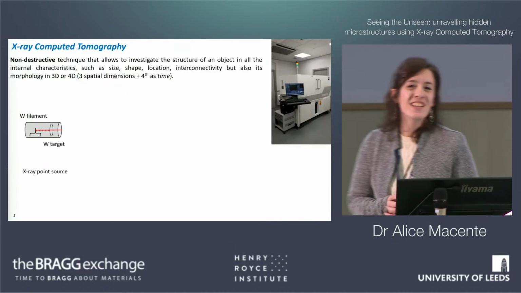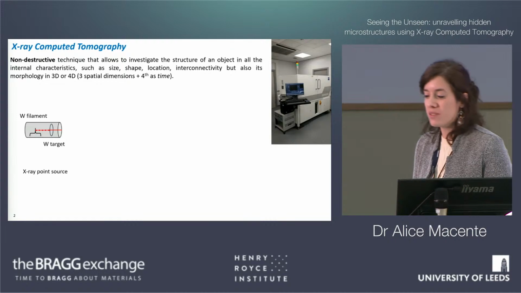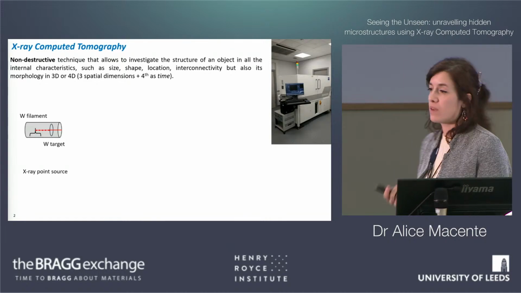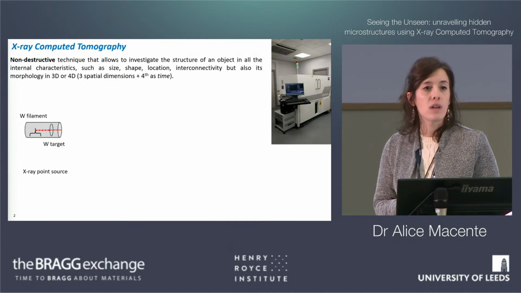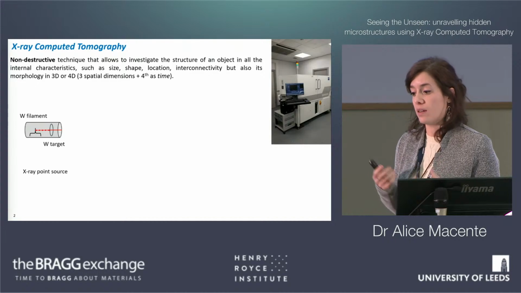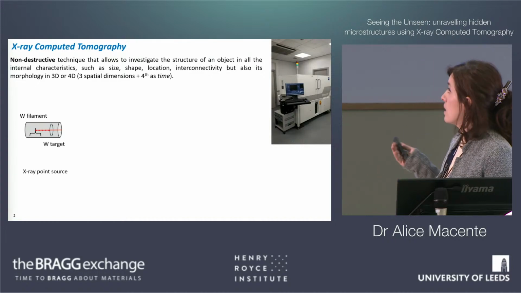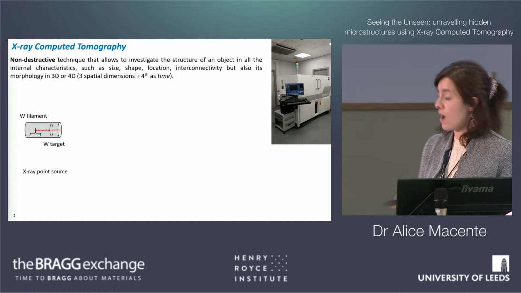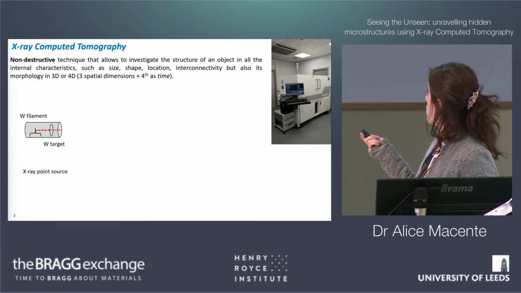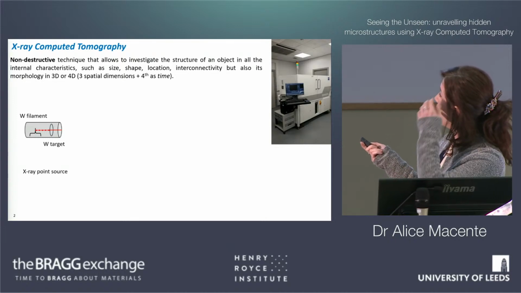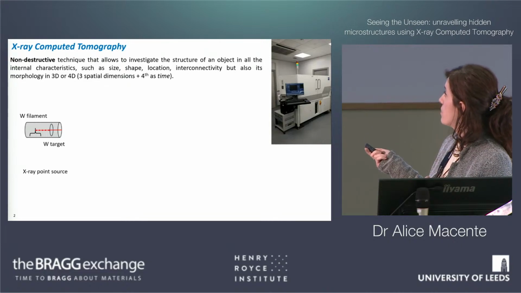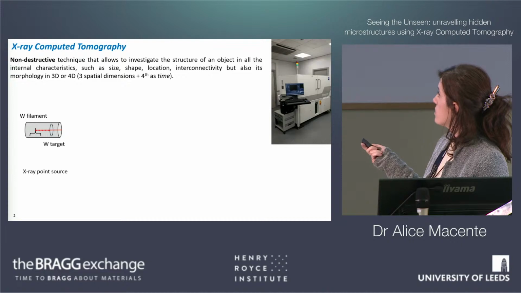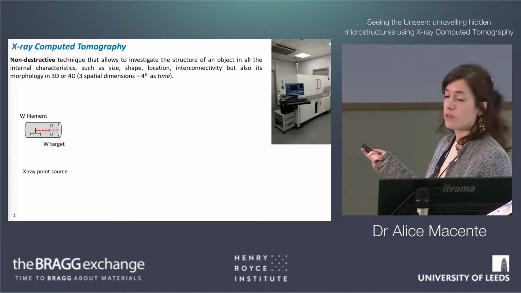One of these is called X-ray computed tomography. It's an X-ray technique that allows us to investigate the internal characteristics of a sample without the need to physically cut it. The way it works in a laboratory setup is that we have an X-ray tube where a large potential difference across a tungsten filament generates an electron beam.